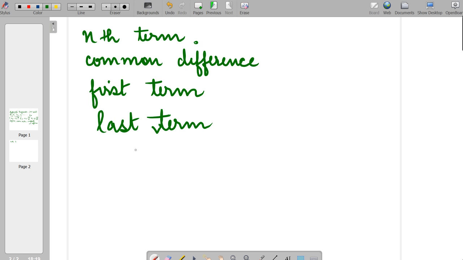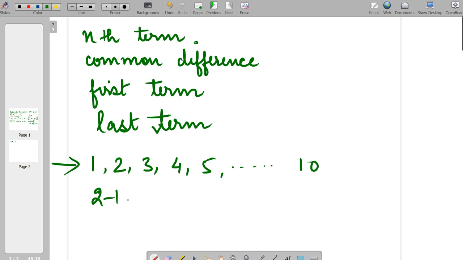Suppose I have a series 1, 2, 3, 4, 5 dotted up to 10. I'm considering the first 10 natural numbers. Now, first you have to check whether the given sequence of numbers is in AP or not. So come to the second position. The value is 2.